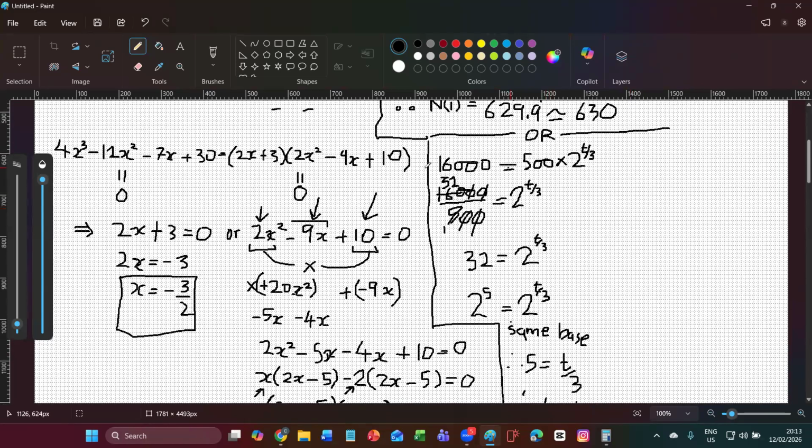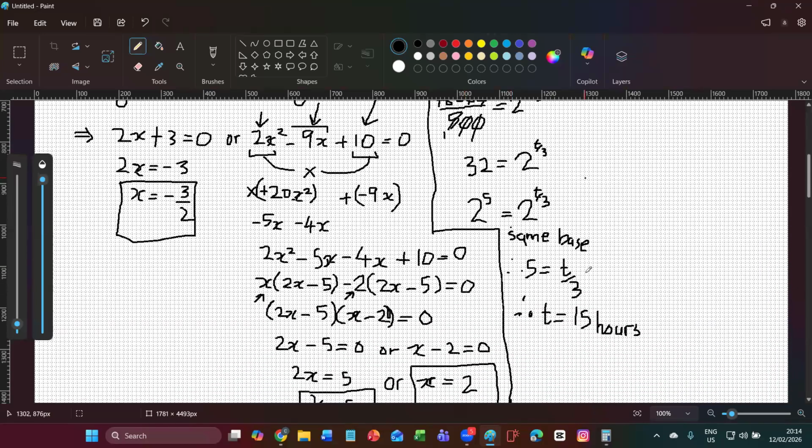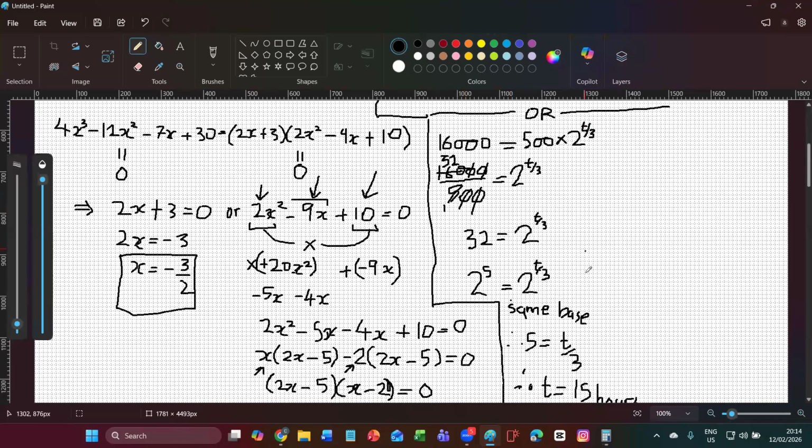So you understood why I equated 16,000 to this, right? Because this formula, they told us, gives us the population after a given number of hours. It's just that we do not know how many hours it takes for 10,000. So equate it first, then look for a way to find t. And so, yeah, I think this is pretty much it.